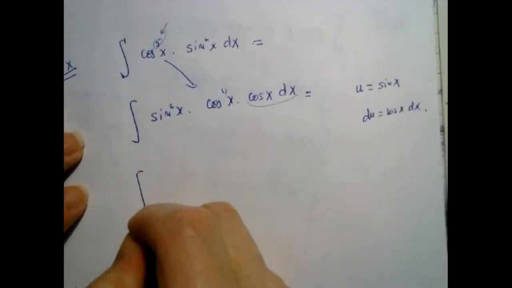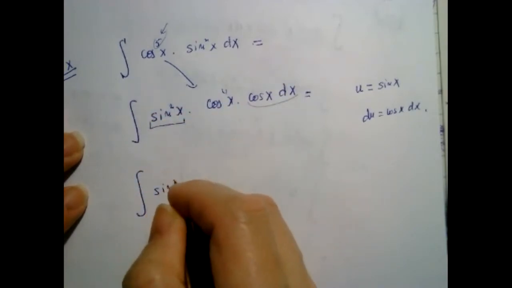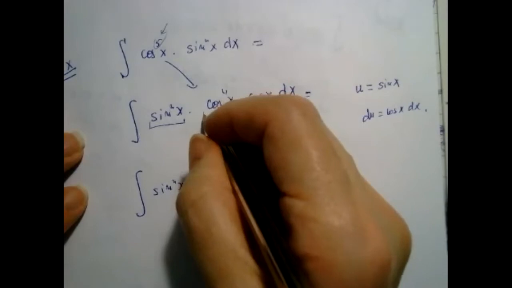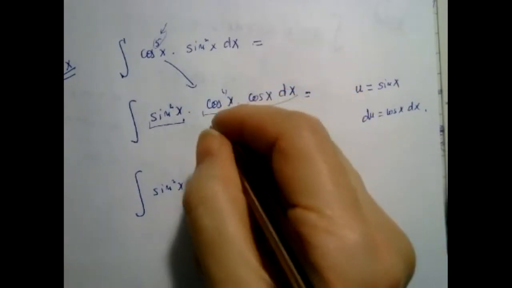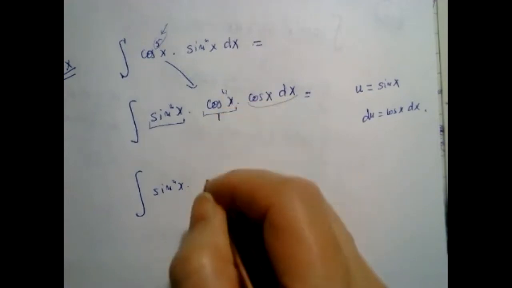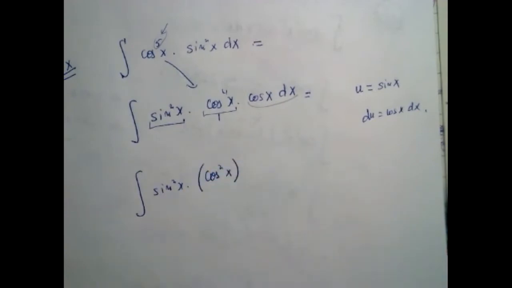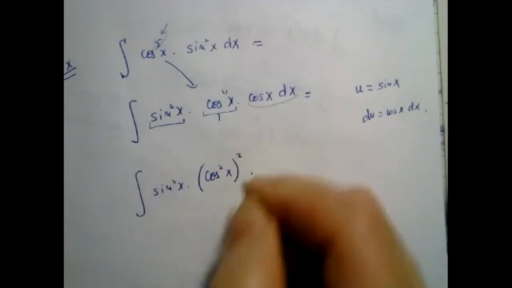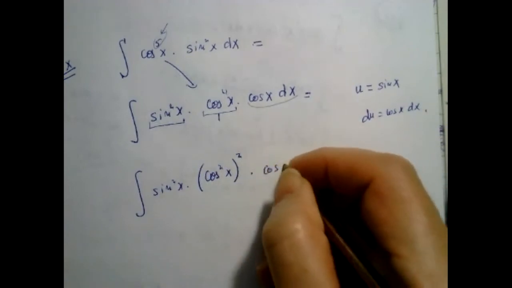So now I look at it. Sine squared is safe because it's u squared. What about cosine to the fourth? Is it safe? All right, what's cosine to the fourth of x? It's cosine squared x raised to the power 2, times cosine x dx.